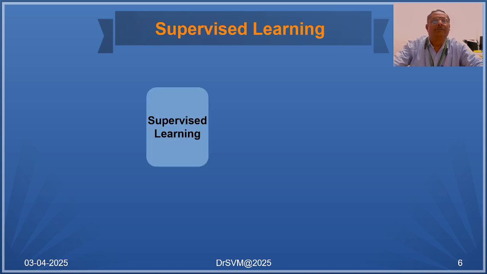So in supervised learning, we give an input and also output. That means if you recall the previous video, when a person is learning, the person is fed with two pieces of information. One, the visual information about the picture of the animal, and also an audio information, what it is called.